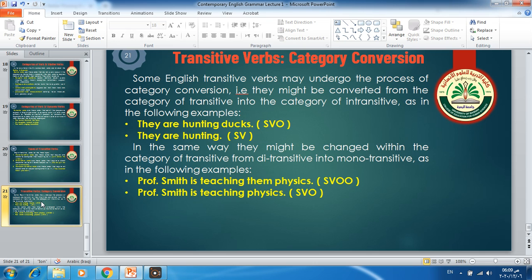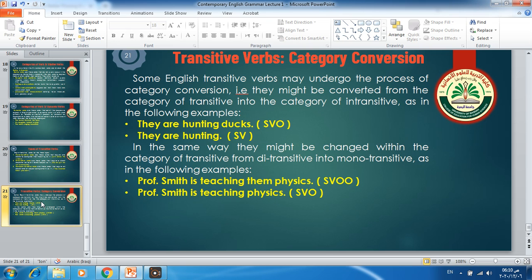In the same way, they might be changed within the category of transitive from ditransitive into monotransitive, as in the following examples. Professor Smith is teaching them physics. So you see that the verb teach here is a ditransitive. It requires two objects, them and physics.